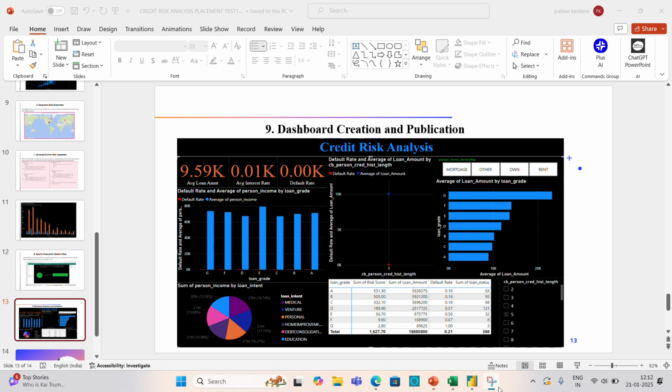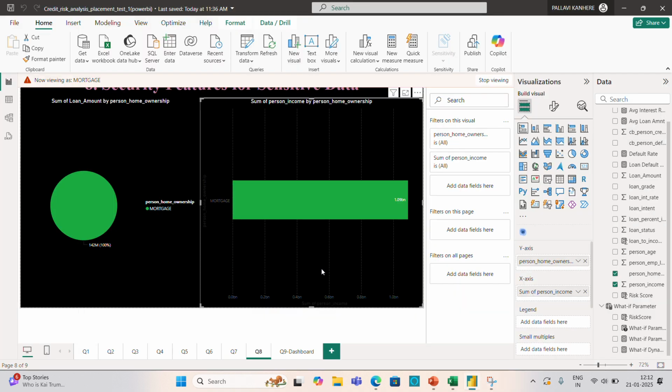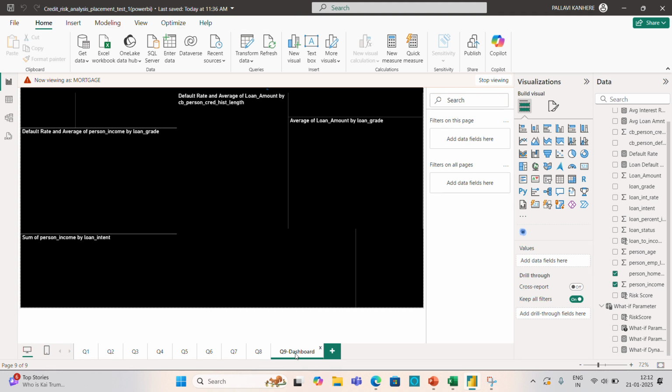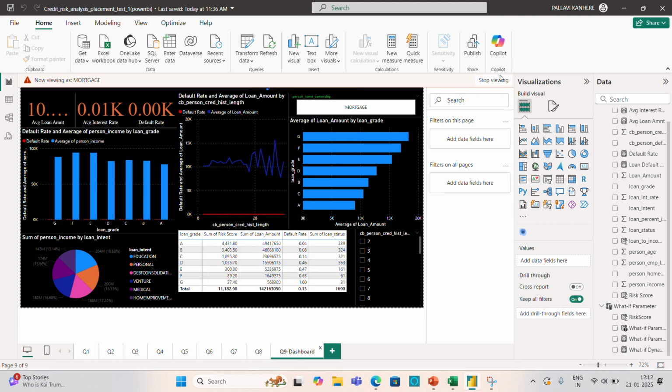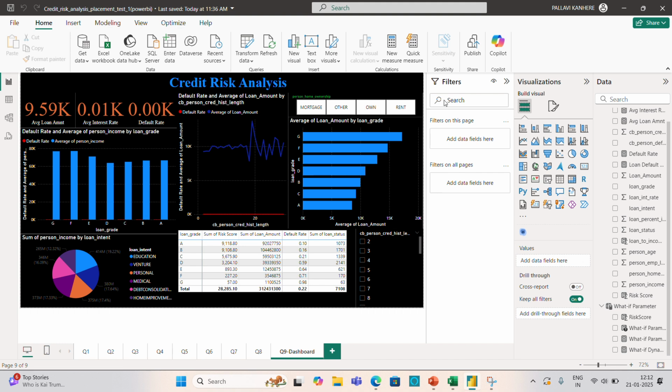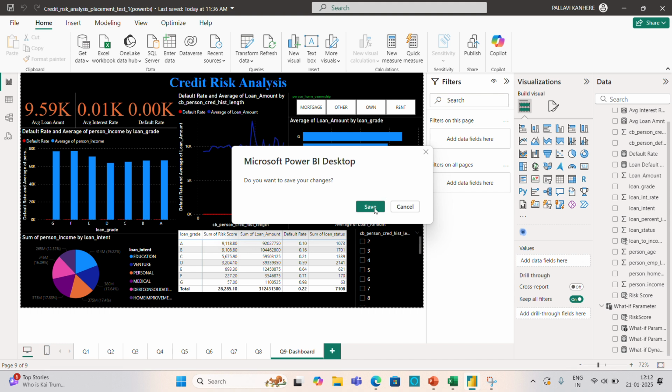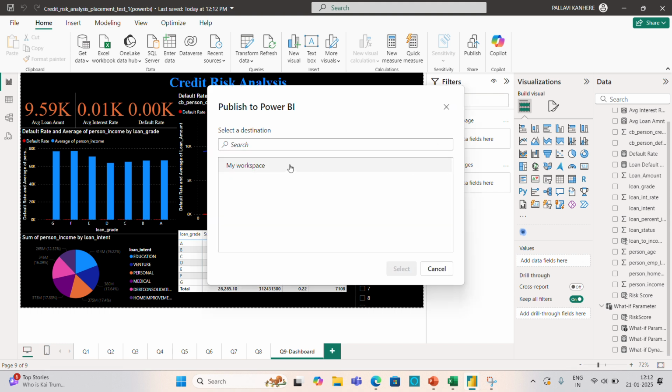For publication of the dashboard, go to the home section, select publish, save to my workspace, select.